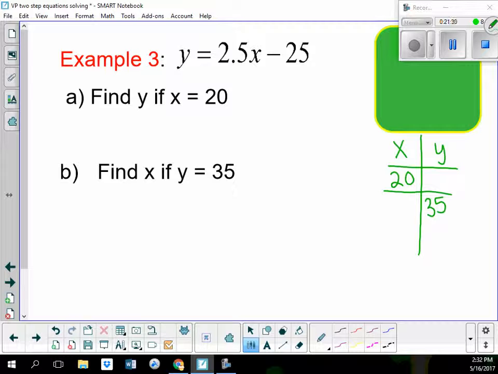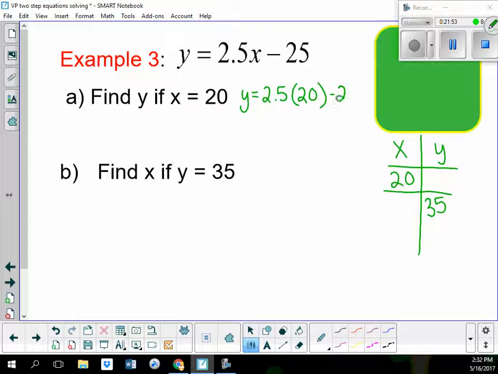So Clara, will you help me with A? So first you do 2.5 times x, and x equals 20. Okay, let me write this out first. So I'm going to write y equals 2.5 times 20 minus 25. All right, go for it.